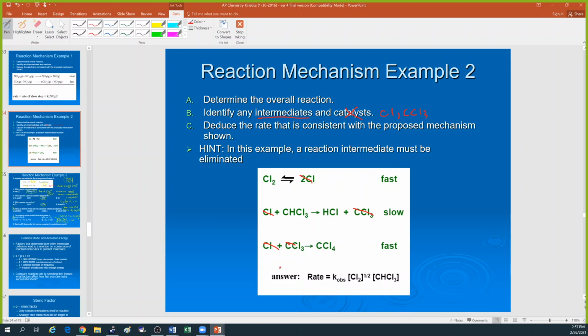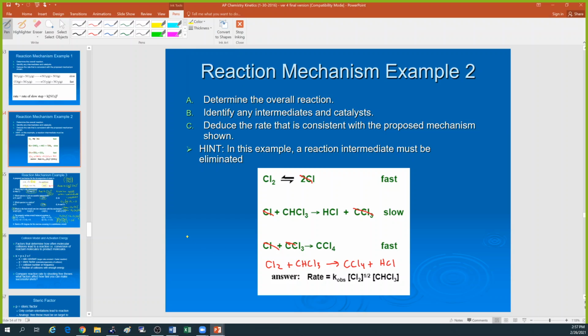And I think that's it, because our overall reaction will be chlorine plus, I think that's chloroform, makes carbon tetrachloride and hydrochloric acid. So this is the overall equation, right? If we were doing the traditional method of rate laws, we would say something like this.